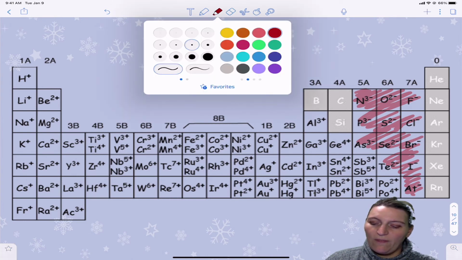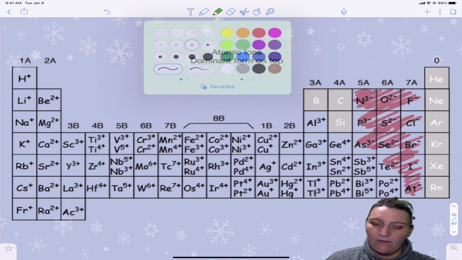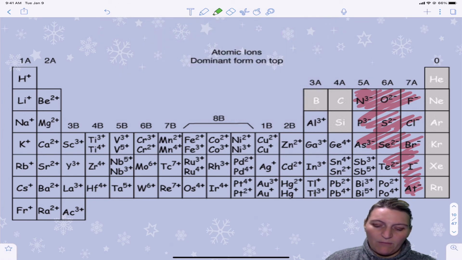And then over on the opposite side of the periodic table, we see all our metals making positive ions, and everything in this first column making a +1, everything in the second column making a +2. You notice that in the middle there, we get those transition metals, and you will see that these are just some, not all of the ions forms, these are just some. And the dominant one is on top, and for most of the transition metals, the 2+ is the most common, and then there might be another one that will also occur.